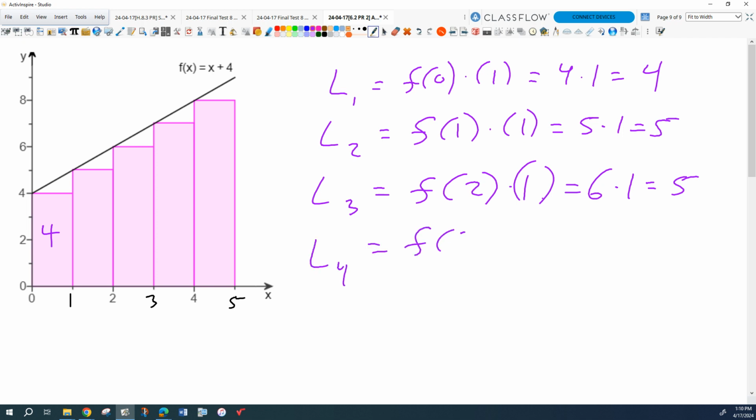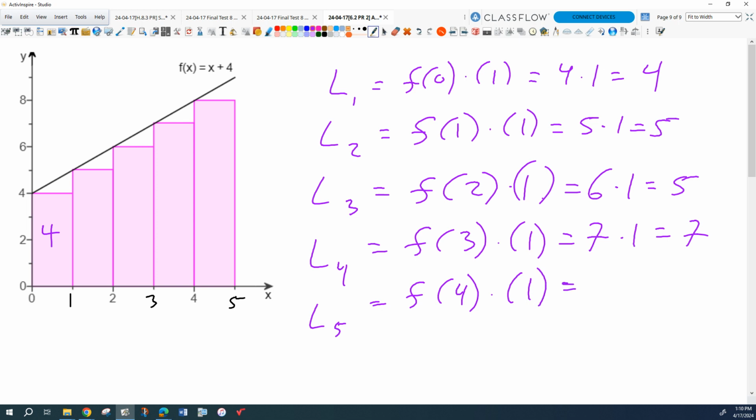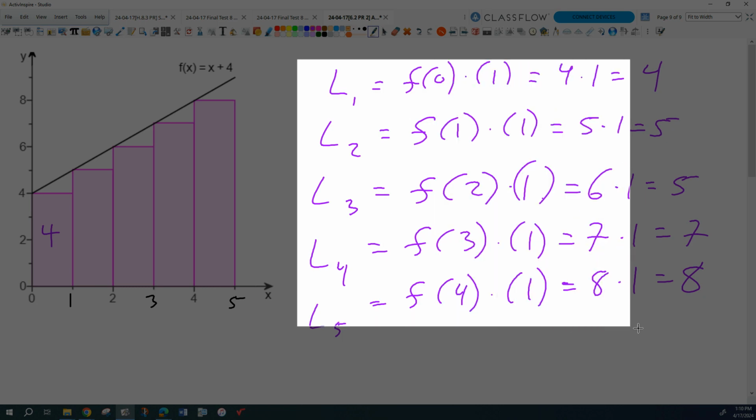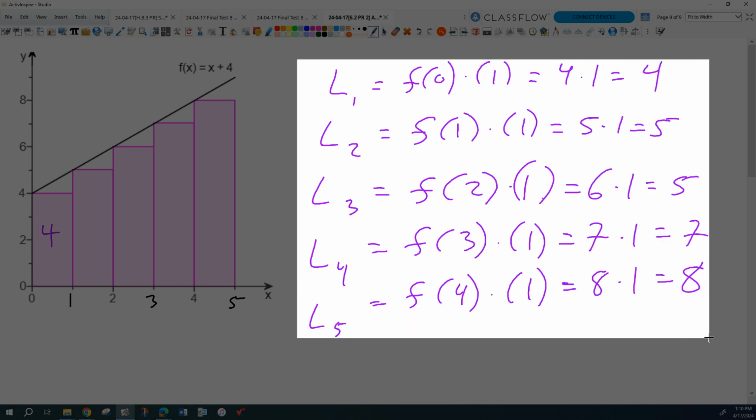We can be efficient if we're calculating the right sum.